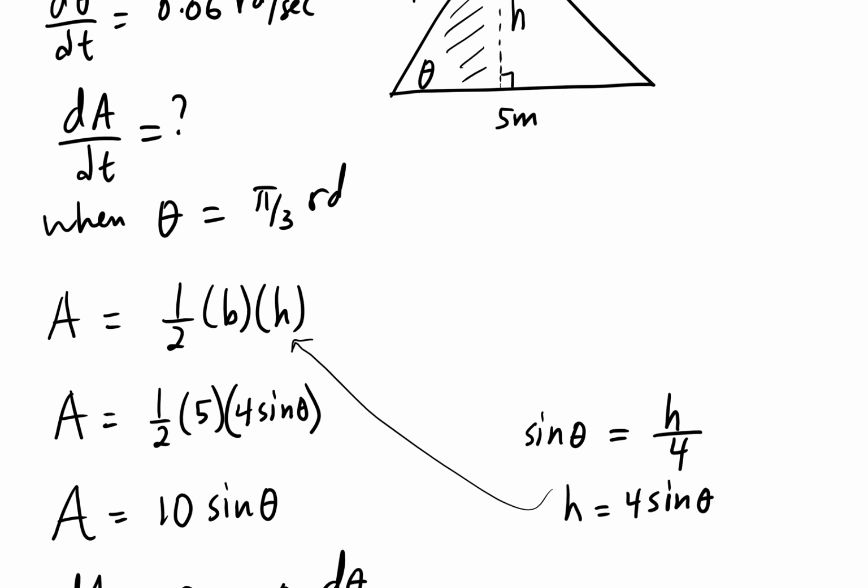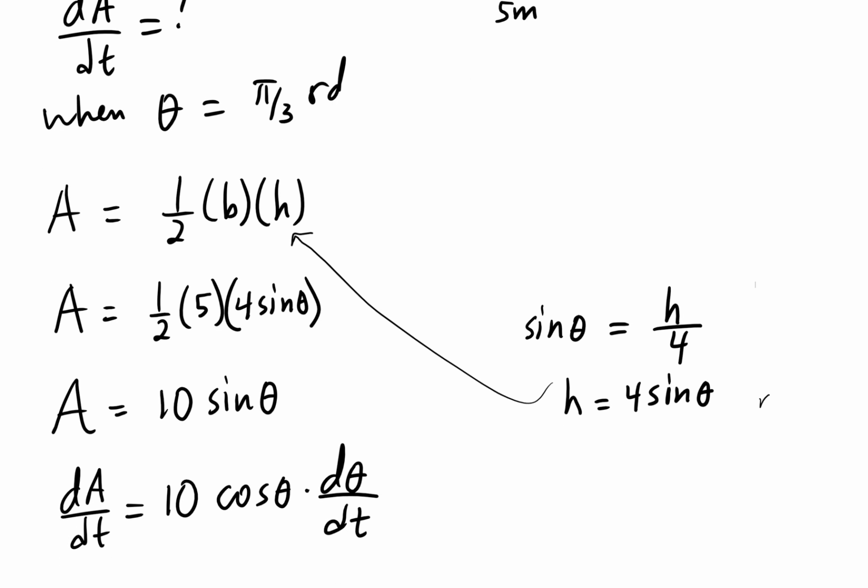So now A equals 10 sine theta. We can differentiate both sides. dA/dt equals 10 times the derivative of sine theta, times d theta/dt. Notice they give us theta, pi over 3.